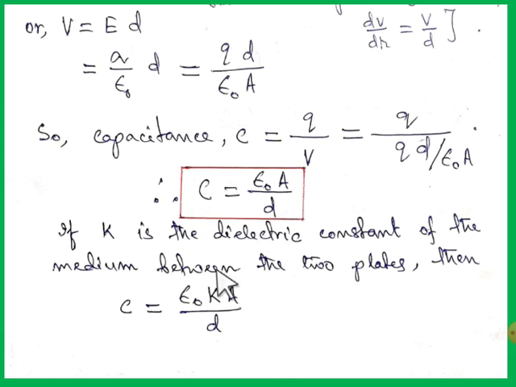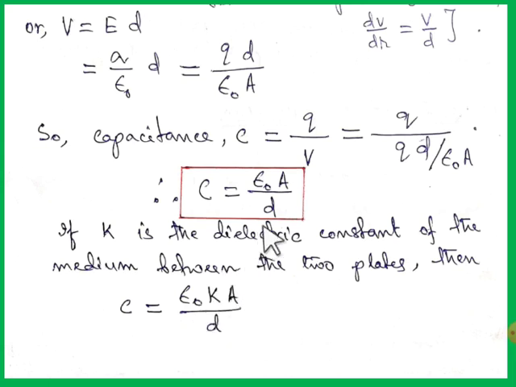Now this is about the intervening medium being air or vacuum. Had this intervening medium between the two parallel plates been replaced by some dielectric medium having dielectric constant K, then what happened? This epsilon naught will be replaced by epsilon naught K. That means if K is the dielectric constant of the medium between the two plates, then your C will be equal to epsilon naught K A divided by D, okay.